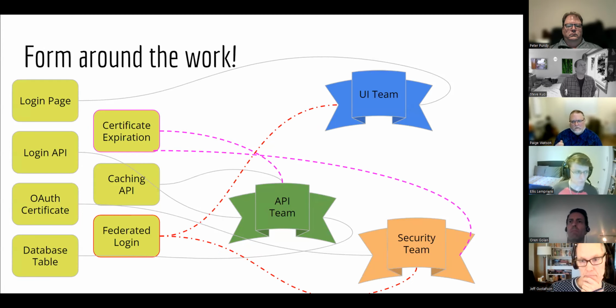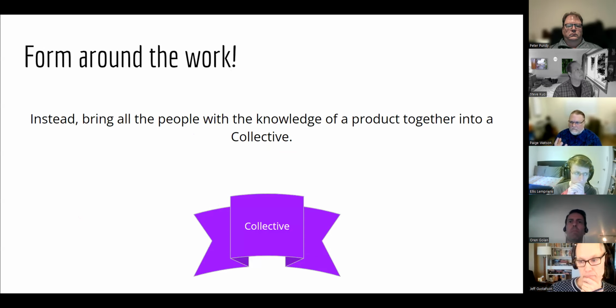Is that the UI team that works on that to connect the back end, or is that the security team? Or, you don't have to pass these out to different teams. Instead, you put everybody together into a single collective. You take all that knowledge and you put it together. This is where we're getting out of dependent teams working together, and instead we bring those teams together into a single large collective, and then we form around the work.